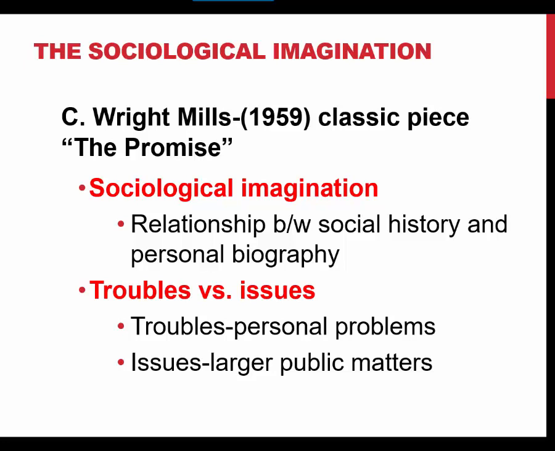He was like, this is the viewpoint, this is the perspective that we teach people in our discipline, and if they are taught this perspective, they are able to understand the relationship between social history, what is going on in larger society at that time period, and their own personal biography.